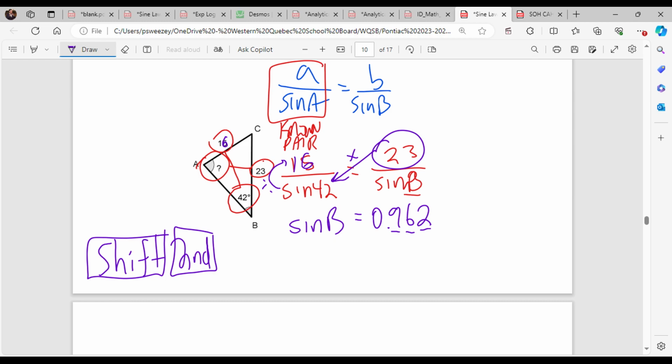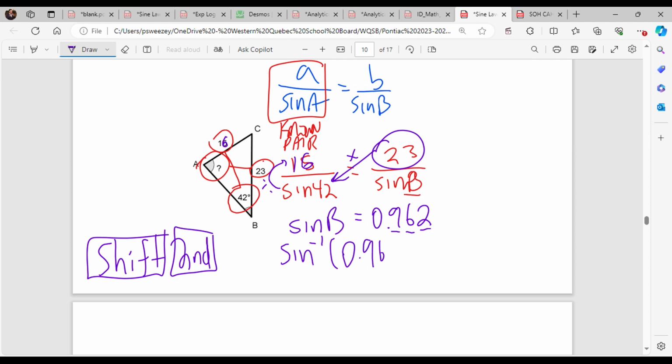Okay. So, the reason why you've got to click that is when you click shift and then click sine, your calculator is going to show something like sin -1. Right? This is basically the way we take that string of decimals and turn it into an angle.